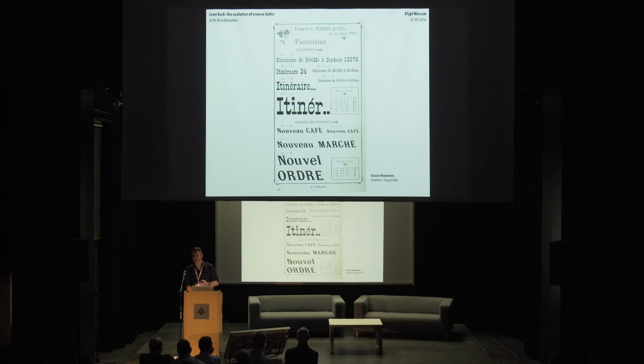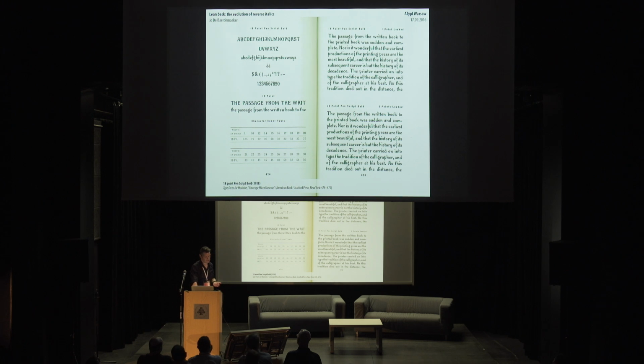Peignot et Fils, I have to say, also included specific grâce renversée in their specimen book, with very detailed and refined serifs. So it's again like, is it slanted, is it not slanted? But all major type foundries had at least one specific reverse italic or sloped italic to provide.